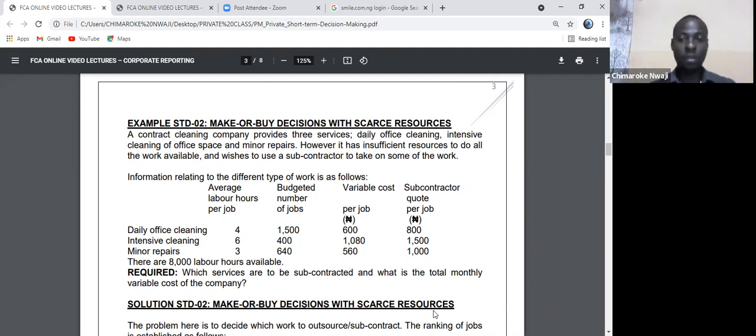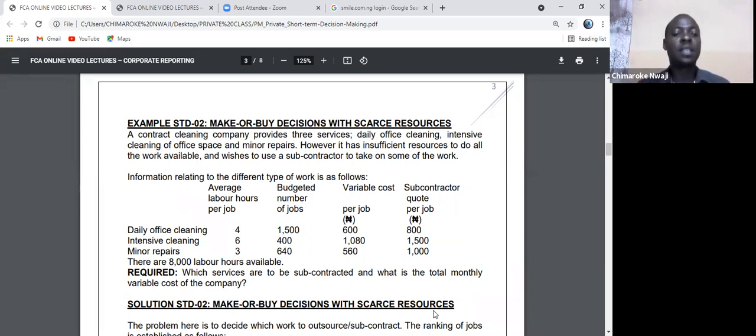But there is a problem. The problem is there are 8,000 labor hours available. So let's take a look at how many hours all these jobs will take. Daily office cleaning is going to take you 6,000 hours. That means you'll be left with 2,000 hours.